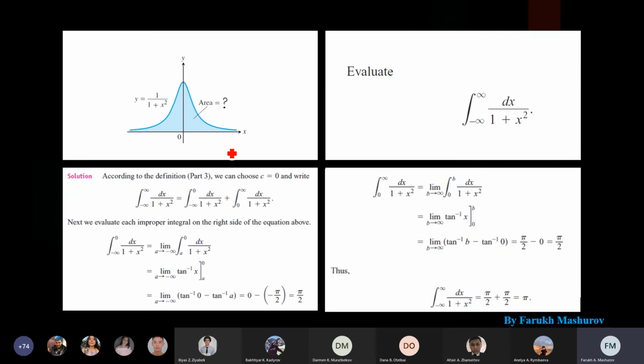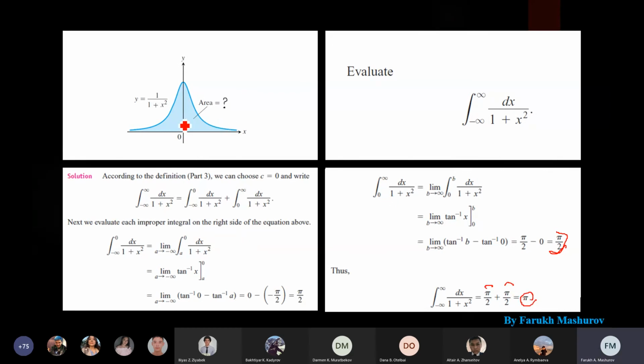Okay. So here, as you see, they again used this part, and they found the limit, and they found pi over 2. And to find the area of the whole region, we need to add the left part and the right part, and we get just pi.